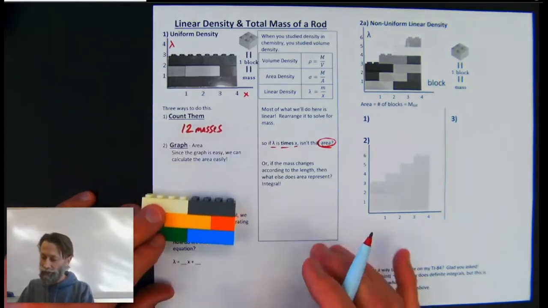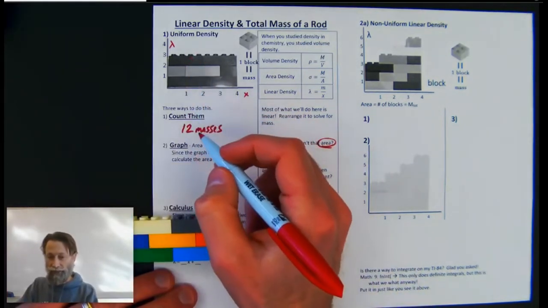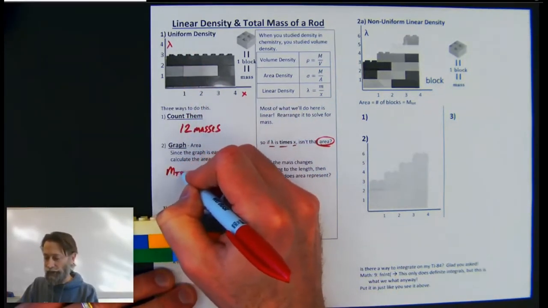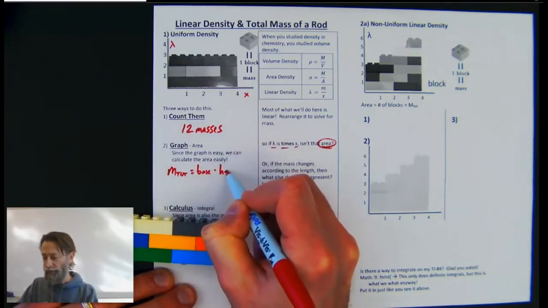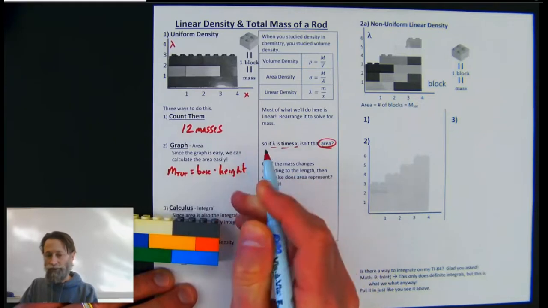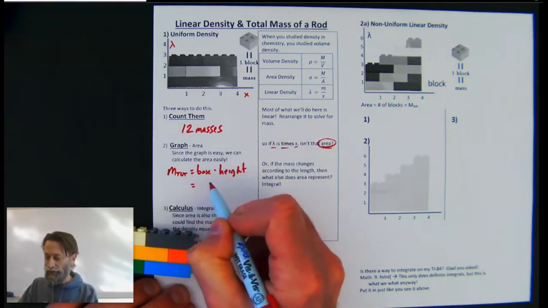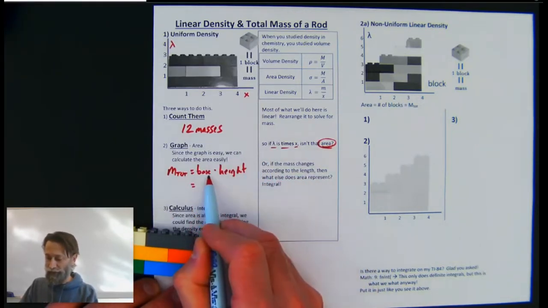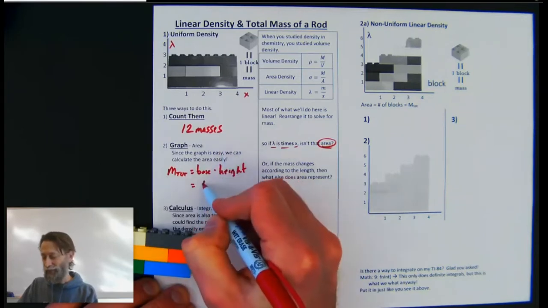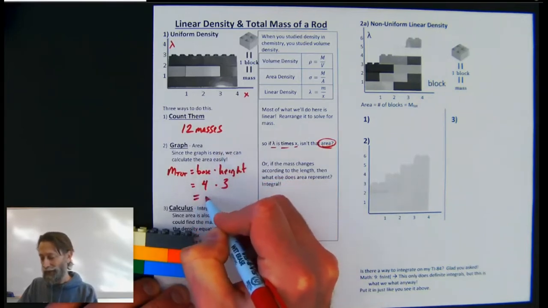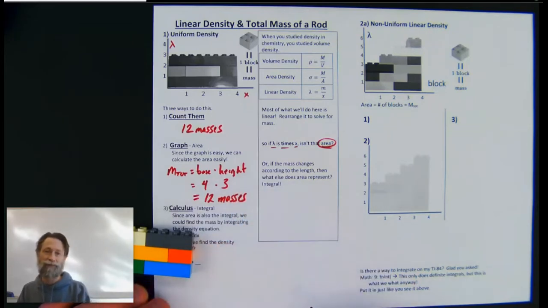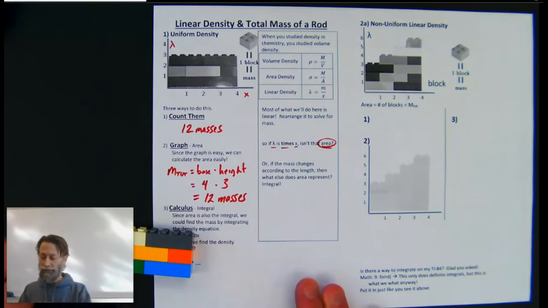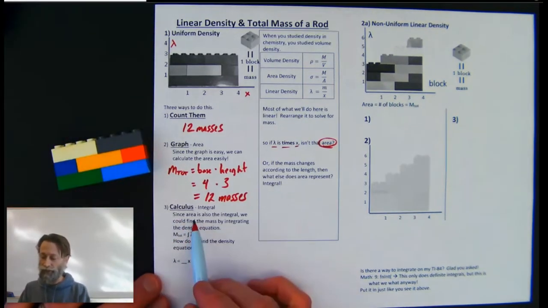So if I'm finding the area of this, then I literally can say that my total mass is going to be equal to my base times my height. It's going to be 4 times 3, and lo and behold, I get the exact same value, that this is 12 masses.